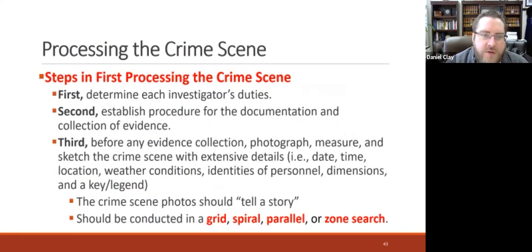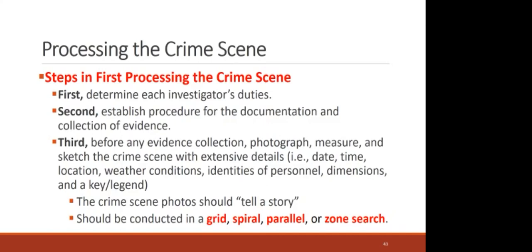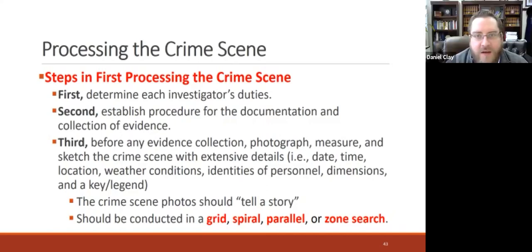So the first thing we're going to do when we are processing the scene is determine everyone's job. You would think it would be fairly easy to know. It's not. Even CSIs who have specialized duties, who literally their only job is to photograph, we have to ensure they know that their entire job is to photograph.